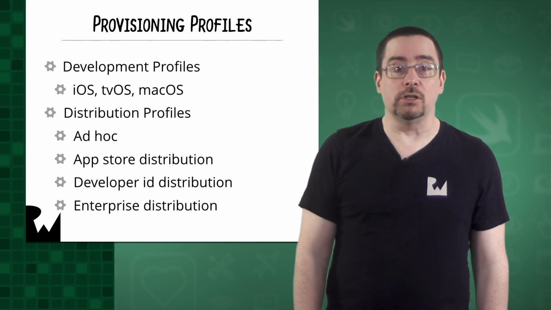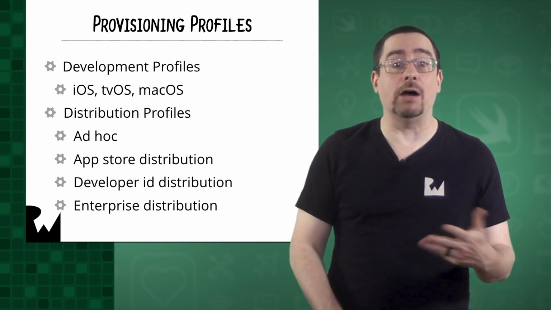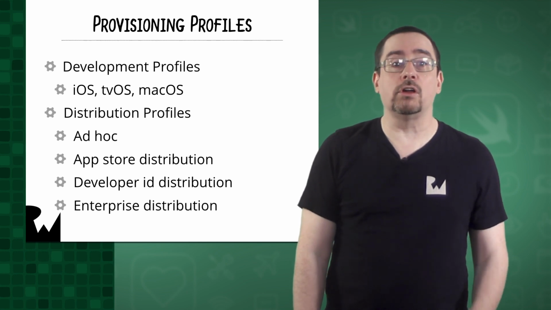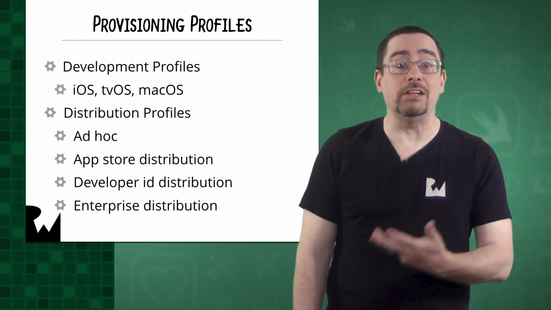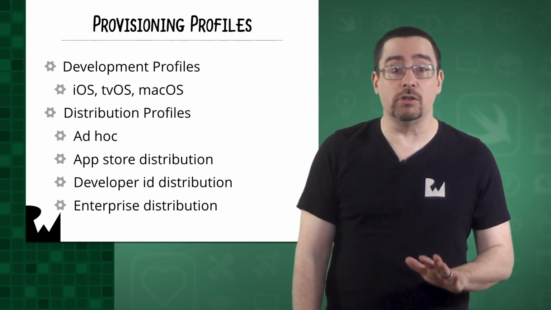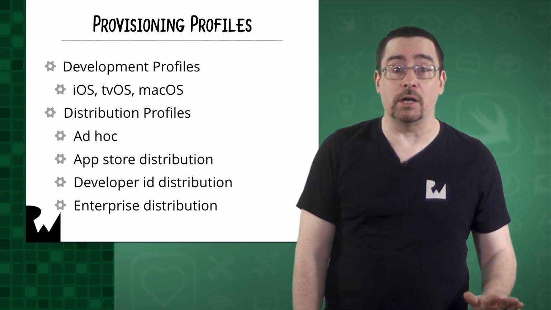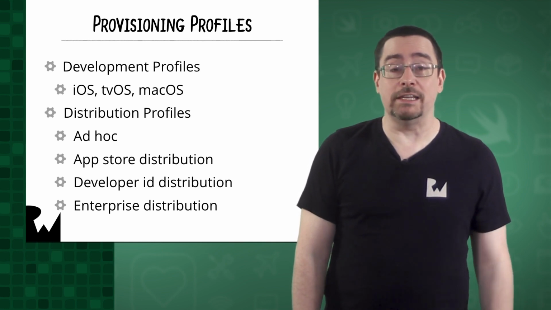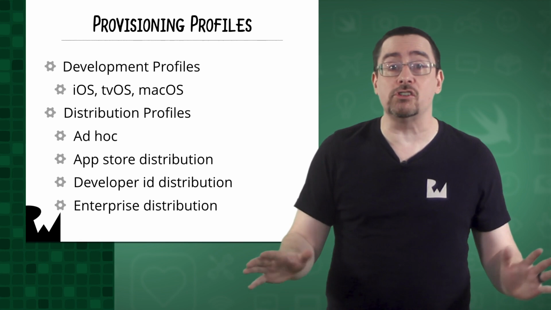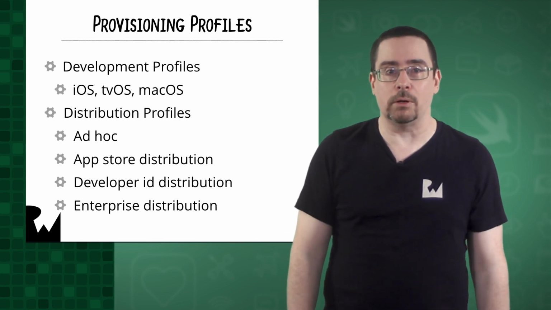Ad hoc distribution allows you to distribute your app outside the App Store. It's really designed for testing. For this to work, you need a device ID for each device that will run the app. You can only register 100 devices to your developer account, which will reset at the end of the year. Once you reach your limit of registered devices, you can't register any more using that developer account.